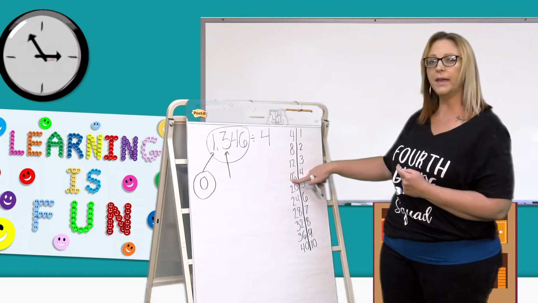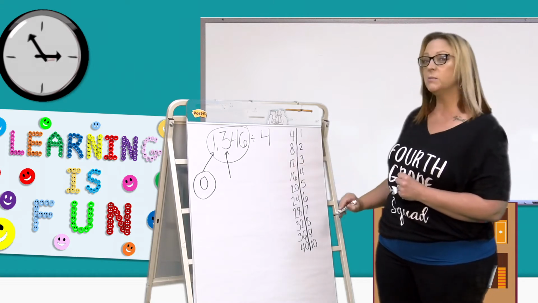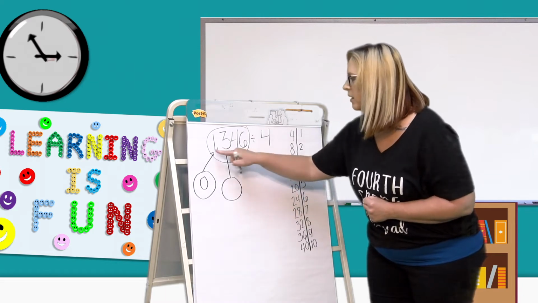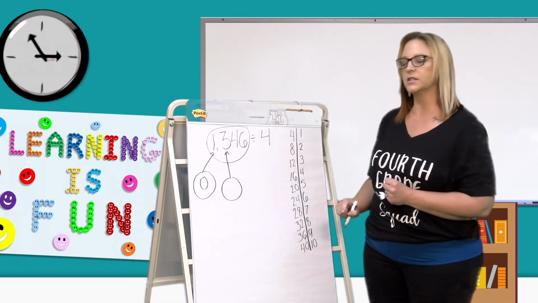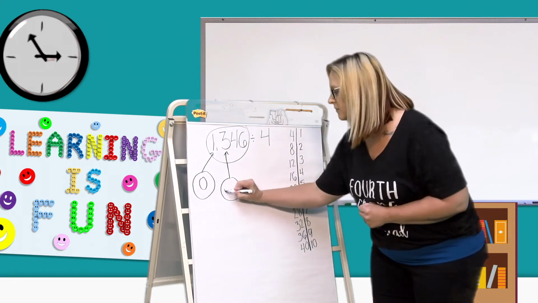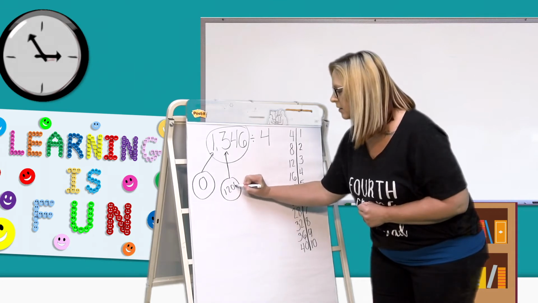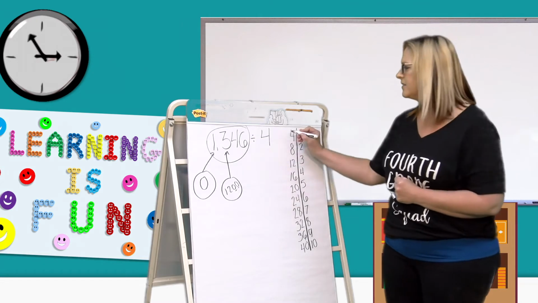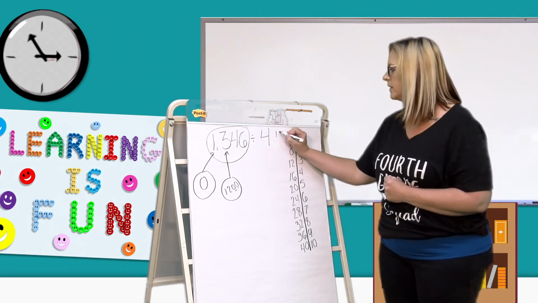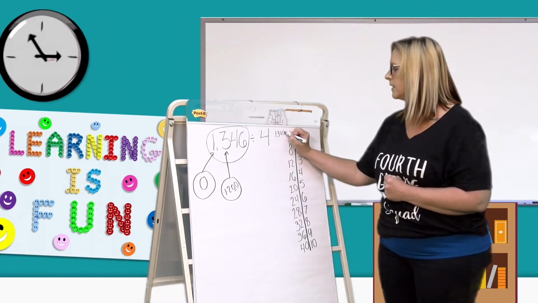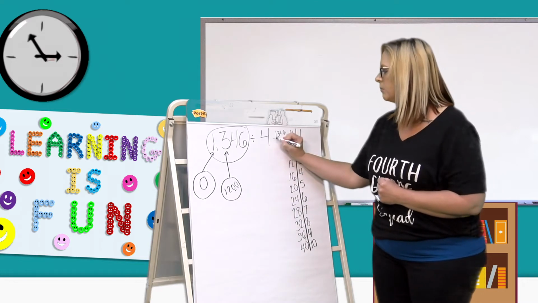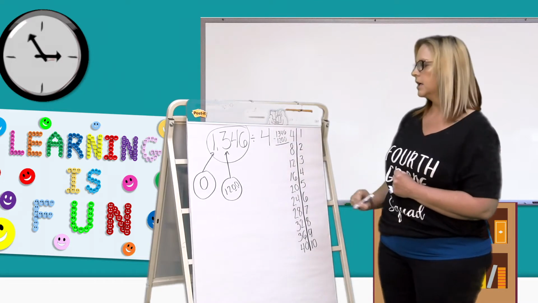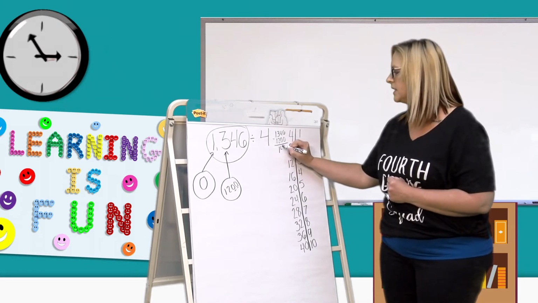Well, that's too big. So the closest multiple is my 12. My 12 is closest to 13 with 2 factors of 10 for hundreds. So I started out with 1,346 and I've now decomposed that by taking away 1,200.